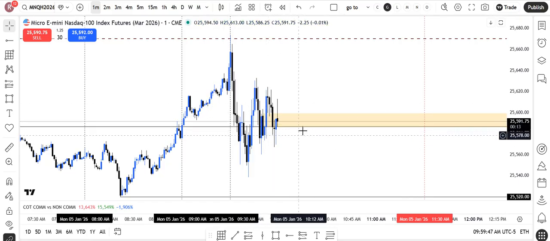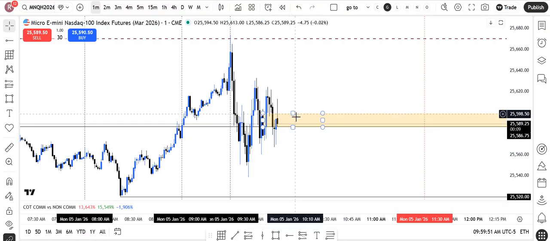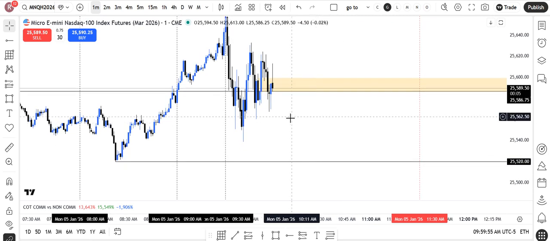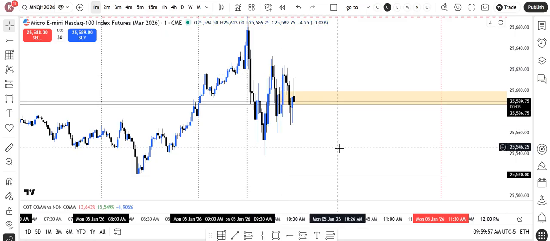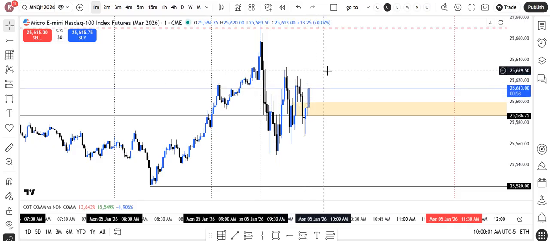Now, I still don't like the fact that it hadn't come up, stayed inside it, and then shown a willingness to roll over. So in that sense, I'm still sitting still because this is all dirty in my opinion.